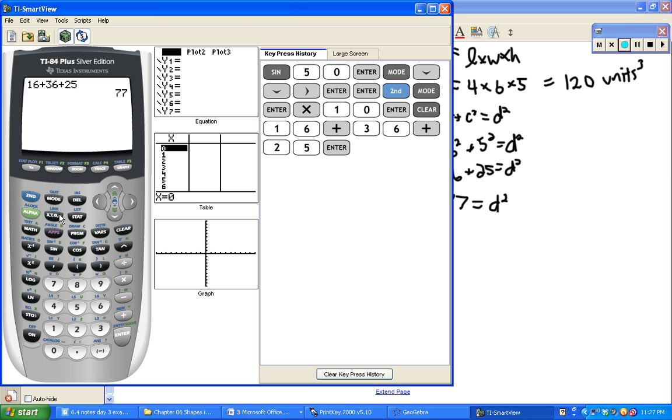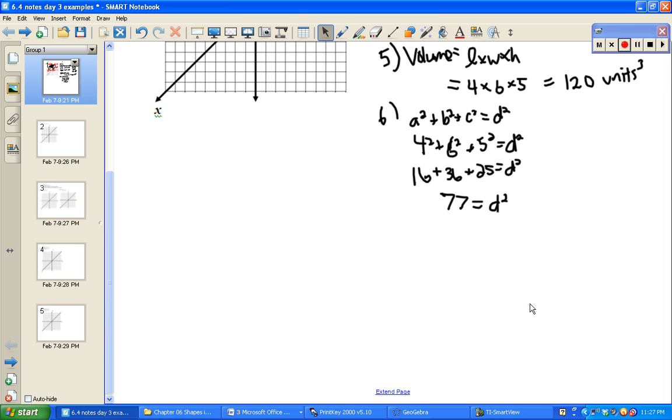And then since we got d squared equals 77, we square root that, and we get about 8.78. So the diagonal is about 8.78 inches or units long. Okay.